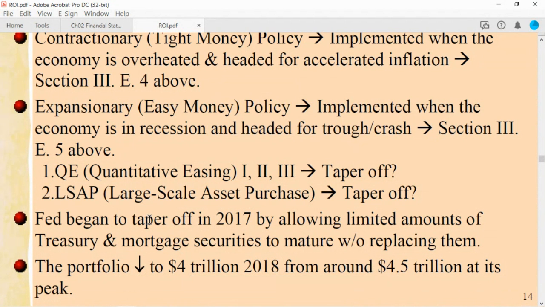And at that time, the critics of the government were criticizing that the Federal Reserve is printing out money on a massive scale, inundating this economy with inflation.